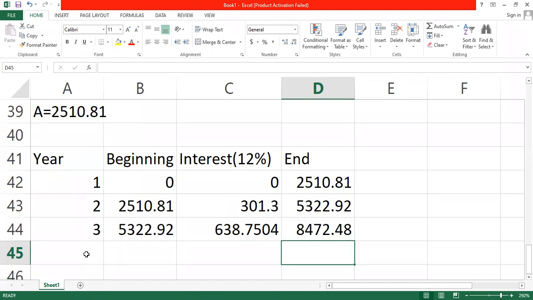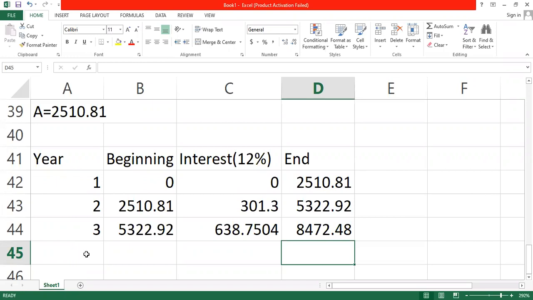It's not that. At the end it will be the amount which is 2510.81. That is the amount that they are depositing at the end of every year. Okay, so we don't add the balance. No. The balance on this account at the end of the year will be this 5322.92 plus the interest. Are you getting it? Yes.